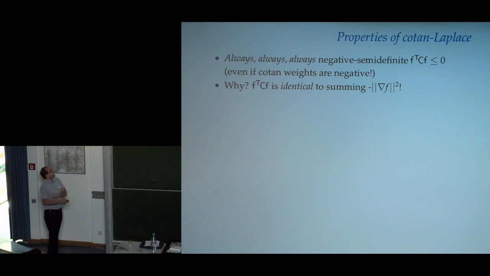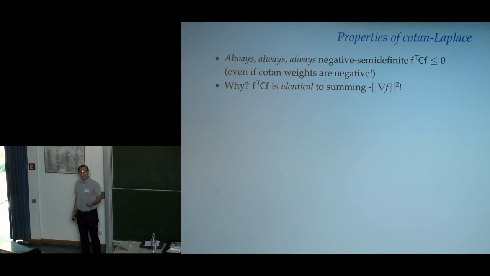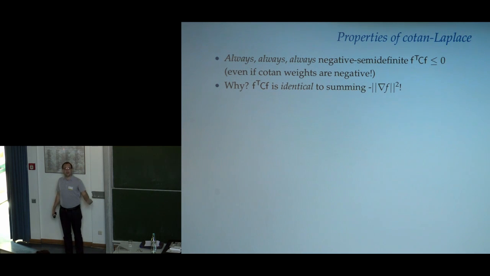The reason is that, if you look at how we derived the Laplacian, we derived it from the Dirichlet energy. So if you calculate this, you're basically calculating a discrete Dirichlet energy and taking the negative of that, and that has to be negative for the same reason that the smooth Dirichlet energy has to be, since the integral is a sum of positive things.